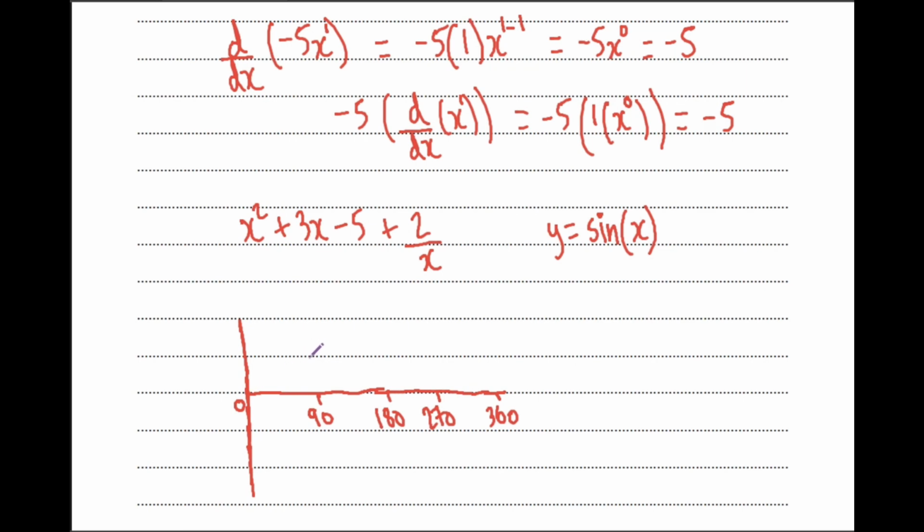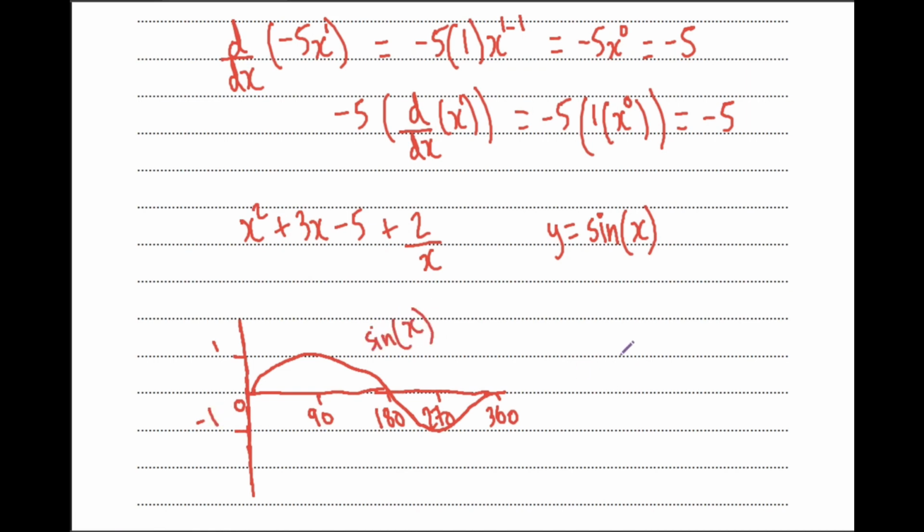Sine starts at 0, reaches 1 at 90, and then goes down to 0 here. So it goes up, comes down, touches 0, goes down to -1, comes back up, goes back to 0. So this is 1, and this is -1. This is just y is equal to sine of x, right? This is sine of x.